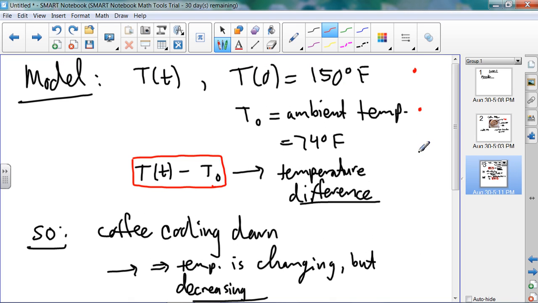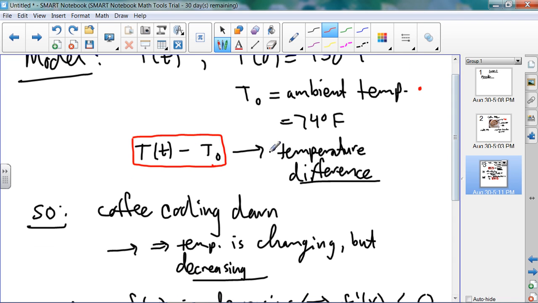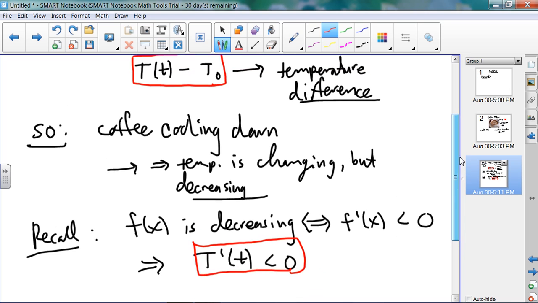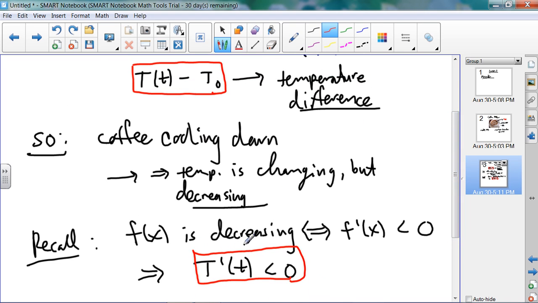Again, if the coffee was at 74 degrees, then there's no reason, we think, why it would decrease or increase from that temperature. It's the fact that there's a difference in temperature that actually leads to the temperature change. So let's put these two things together. Temperature is decreasing, and it somehow has to do something with this.